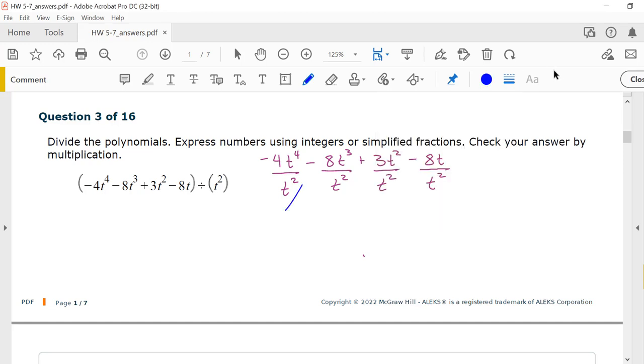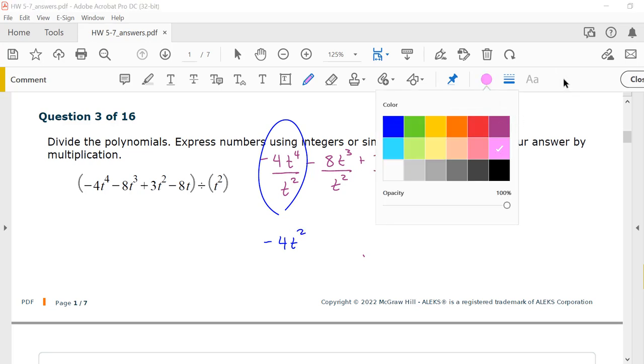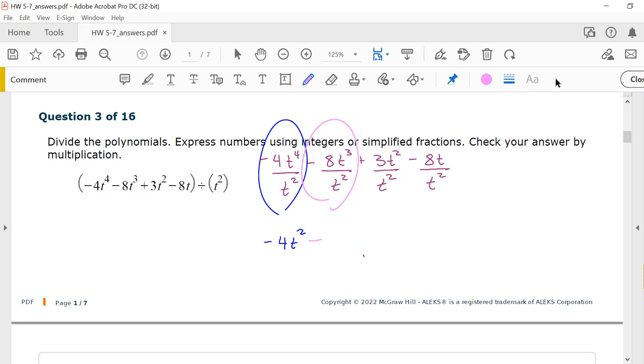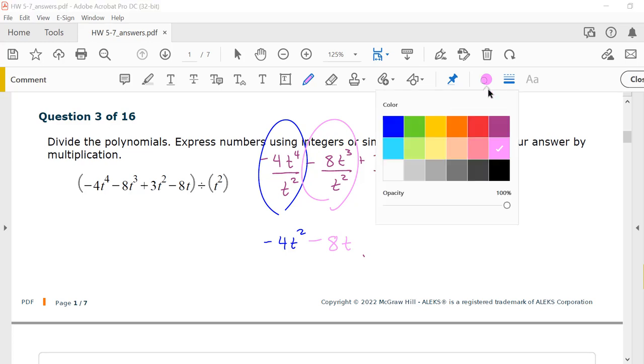My answer, I get negative 4t to the 4 minus 2 is 2, minus 8t cubed over t squared. 3 minus 2 is just 1.